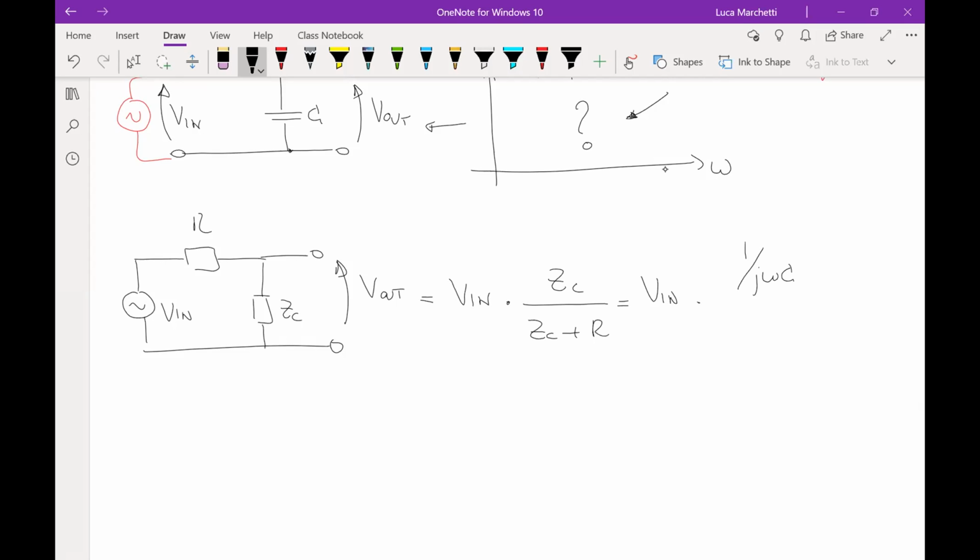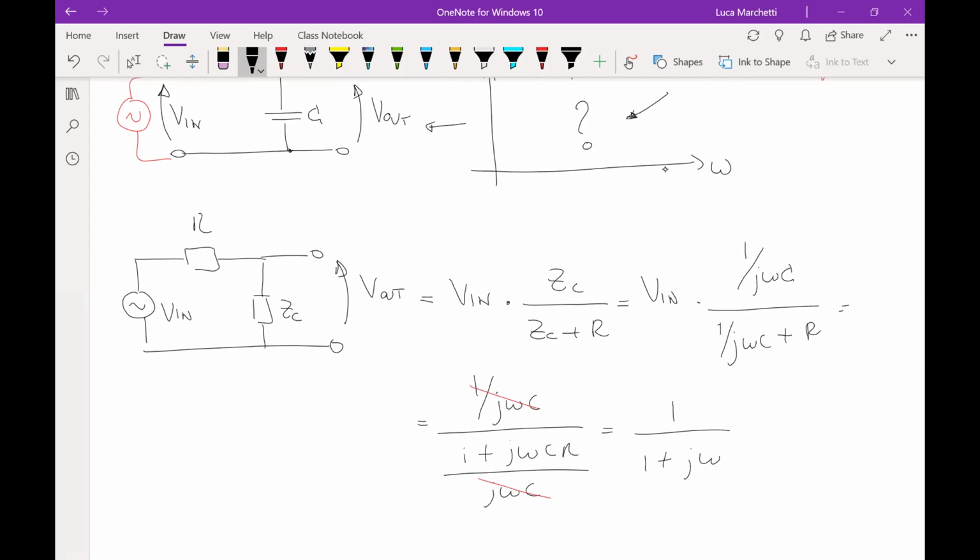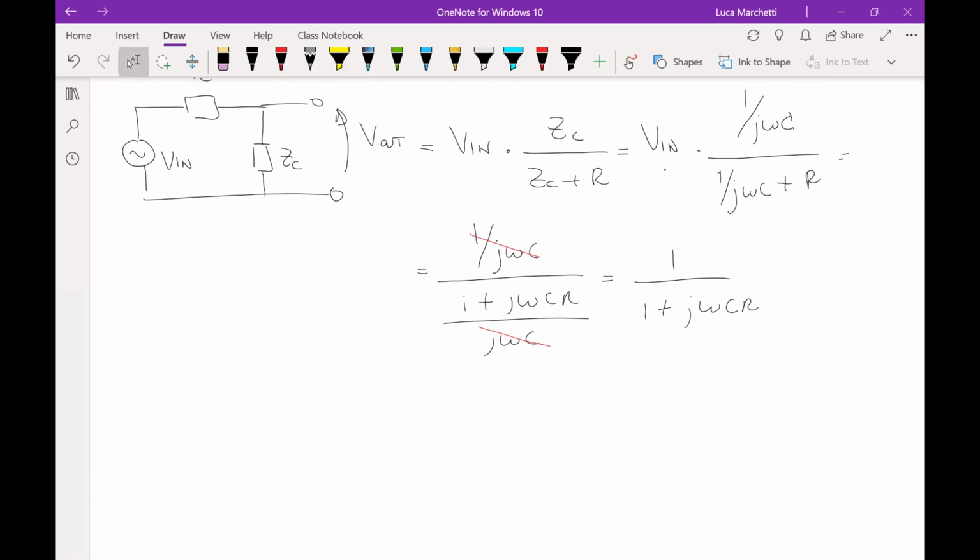Z_C is equal to 1 over j omega C. So we have 1 over j omega C, divided by 1 over j omega C plus R. Now, taking everything in common, we get 1 over j omega C divided by, taking common, j omega C, 1 plus j omega C R. This one goes away with this, and then we finally get 1 over 1 plus j omega C R. Of course, since I'm sleepy, I forget one term, so one here and one here.